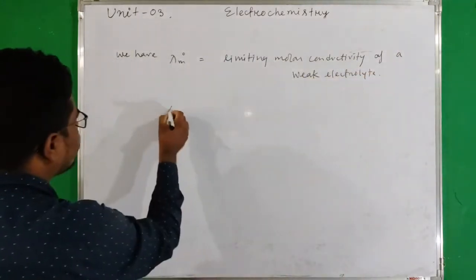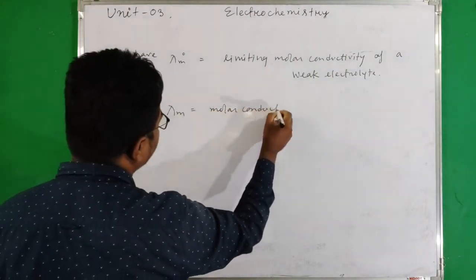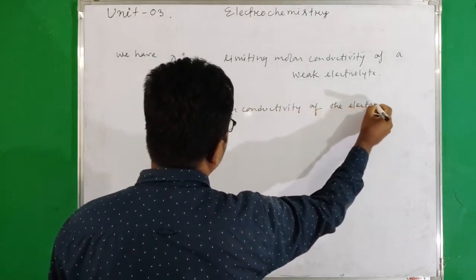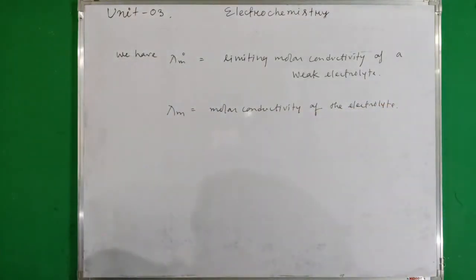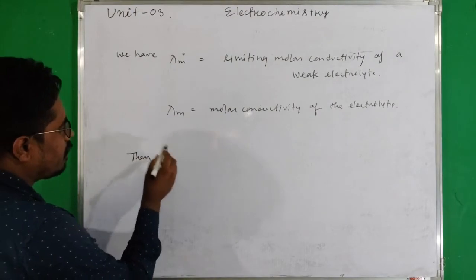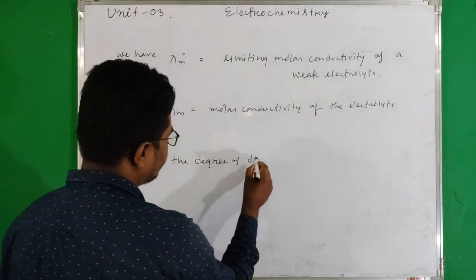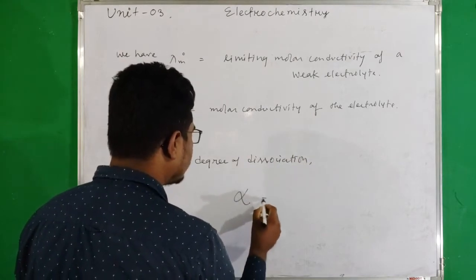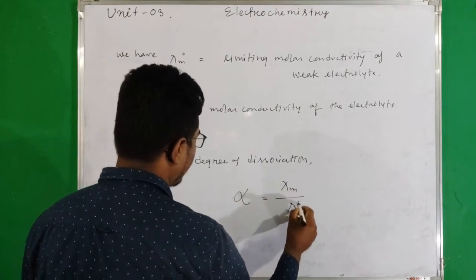Okay, then again we have lambda m, that means molar conductivity of the electrolyte. Lambda m naught is limiting molar conductivity and lambda m is molar conductivity for the same electrolyte, then the degree of dissociation alpha is equal to lambda m divided by lambda m naught.